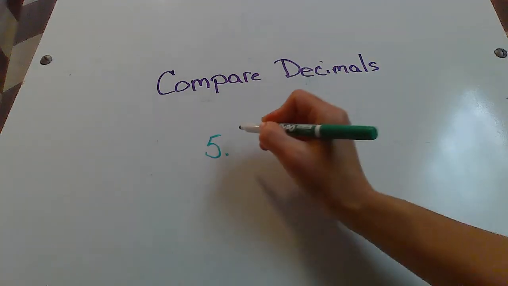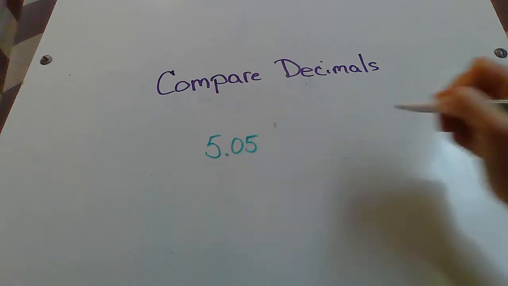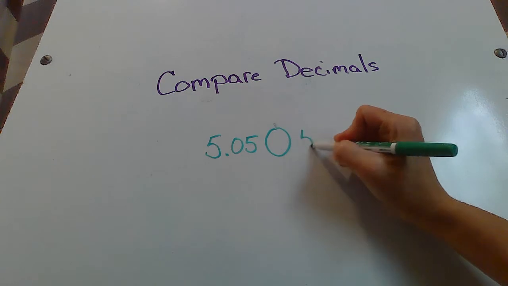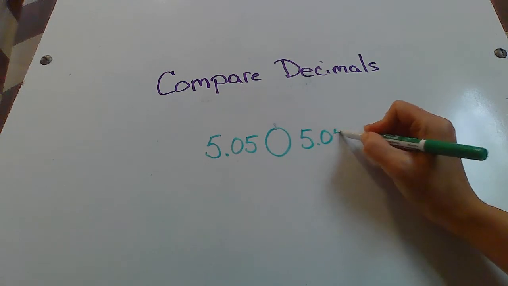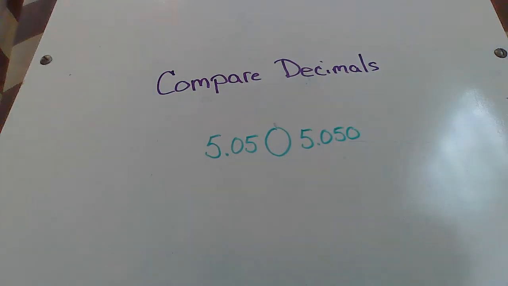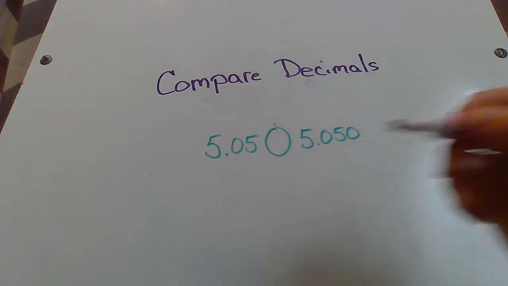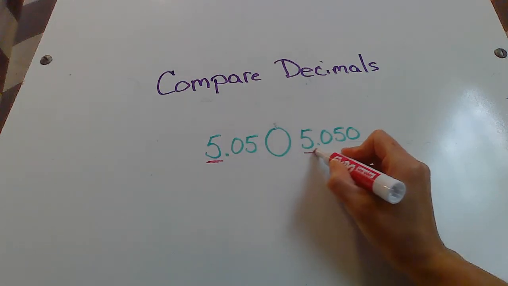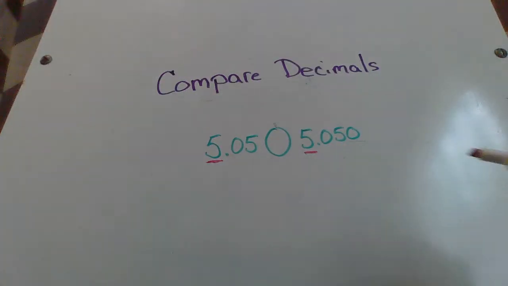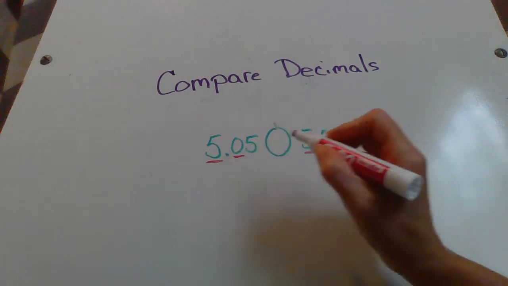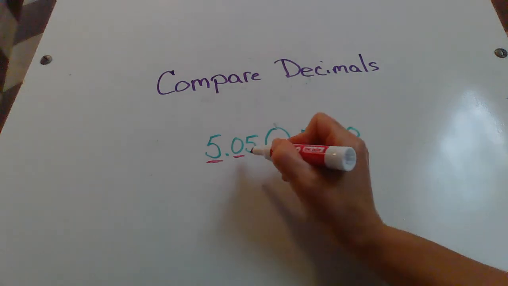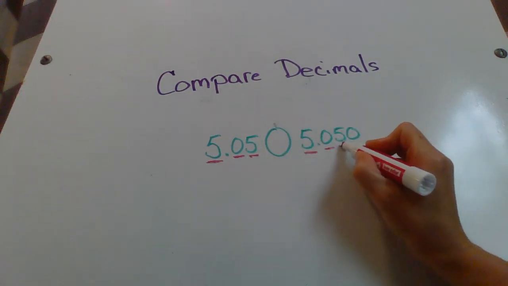So number 4 on this worksheet is giving you 5 and 500 thousandths, and you have to compare that to 5 and 50 thousandths. Now again, you could rewrite the numbers underneath each other, or you could go through and say, okay, I'm going to look at the ones place. This one's a 5, this one's a 5. So they're the same. So now I'm going to look at the tenths place. We have a 0 and a 0. Now I'm going to look at the hundredths place. We have a 5 and a 5.